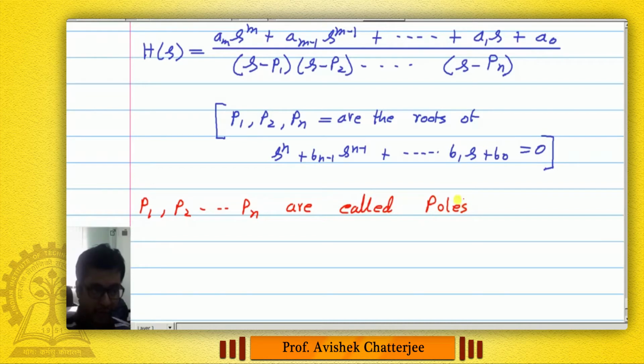I don't know why, but they are called poles. And these poles are complex numbers in general.